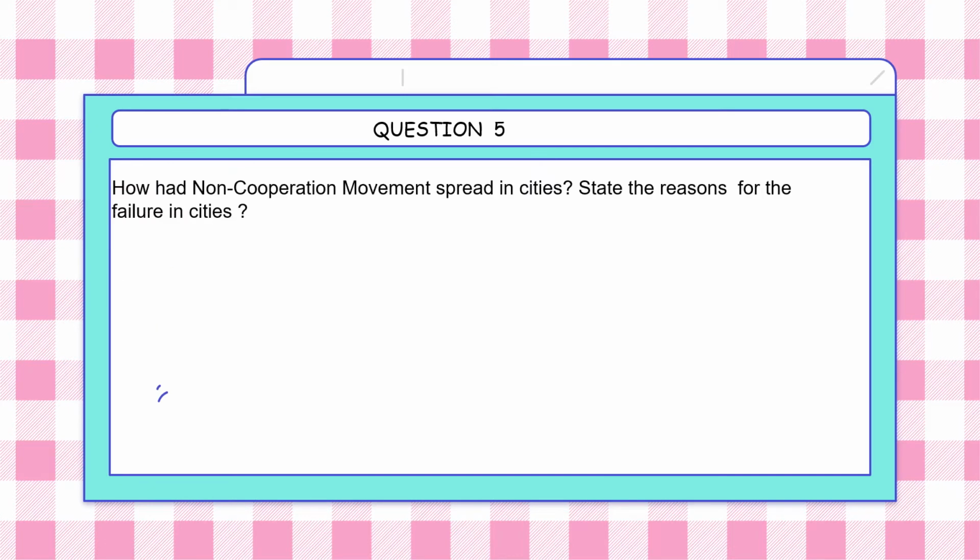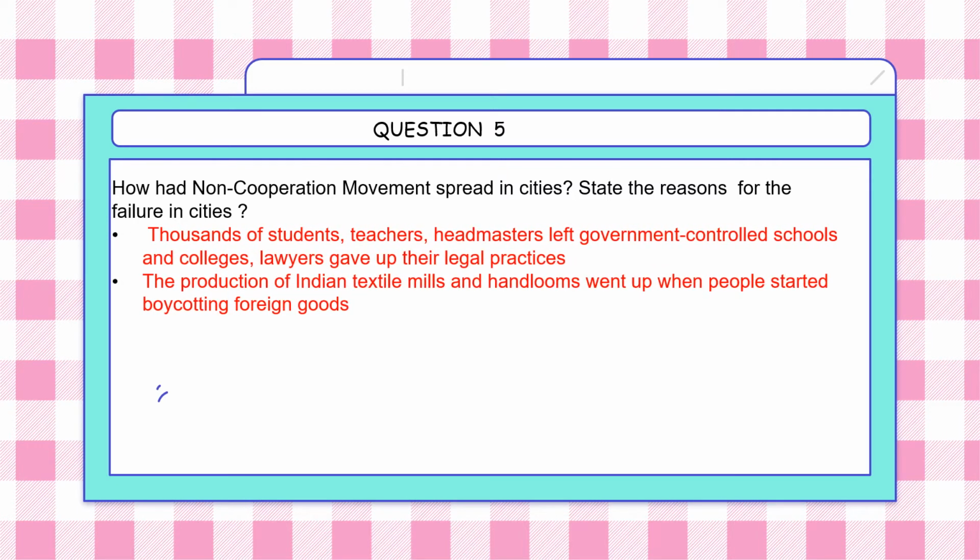Question number 5. How did the non-cooperation movement spread in cities? State the reasons for the failure in the cities. Children, this is a very important 5 marks question, or let me say one of the favorite questions of the board. So let's have a look at it. Please mark this question without any fail. First one, how did it take place in the cities? Thousands of students, teachers, headmasters left the government-controlled schools and colleges.